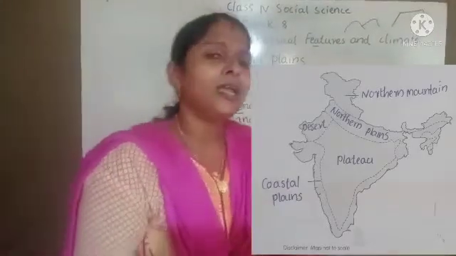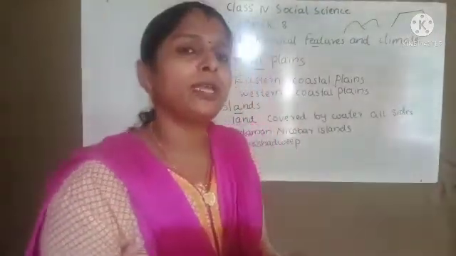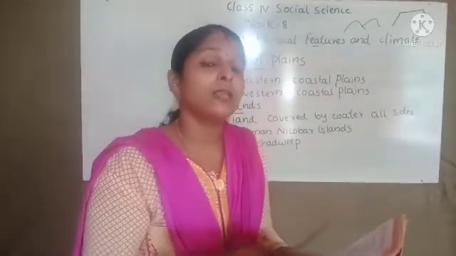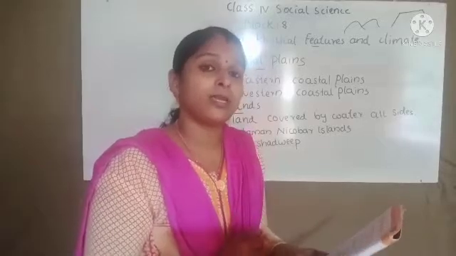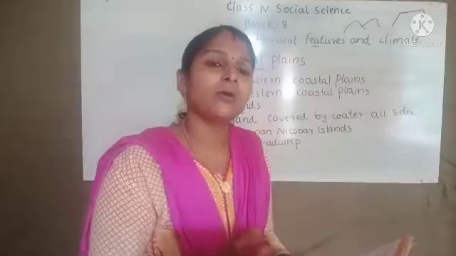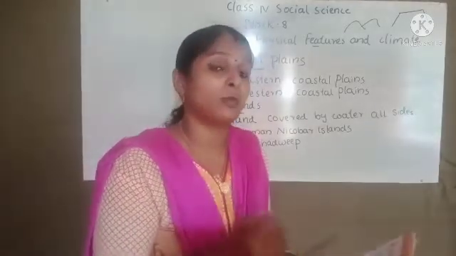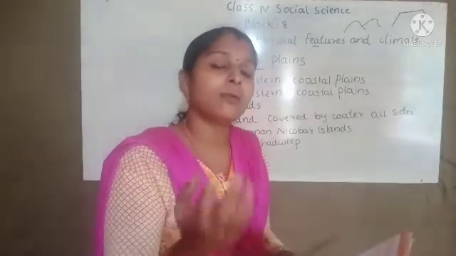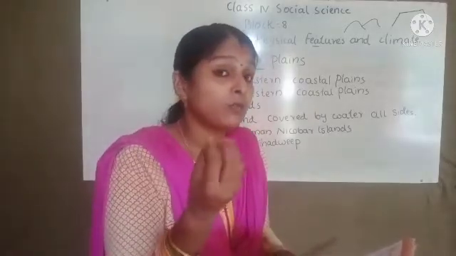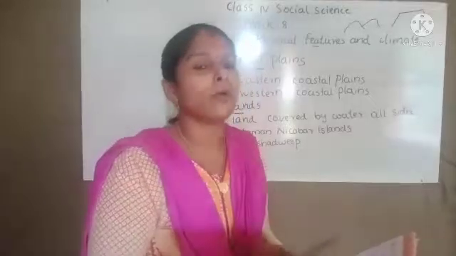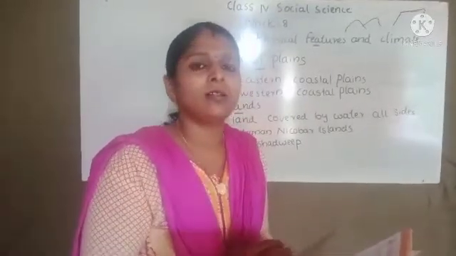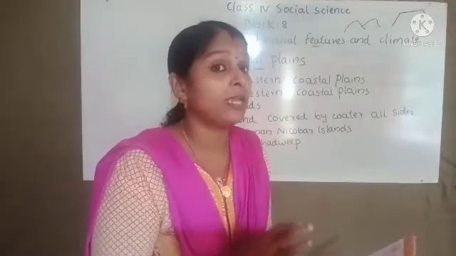Then you have to write any one point about each physical feature. So we can write about the northern mountain. It is situated on the northern border of India. That is one point. Another point we can write: many peaks are situated here. Then another point: many rivers originate or start to flow from here. Then another physical feature, northern plains.